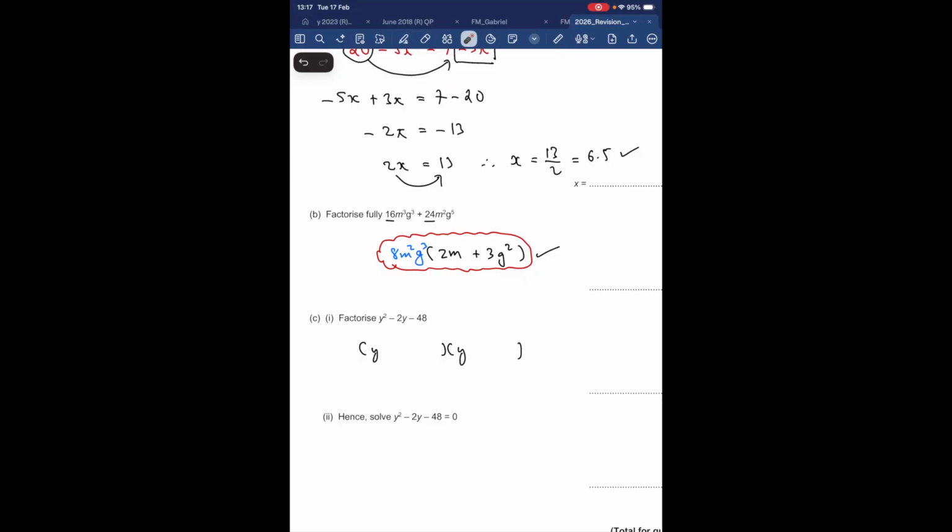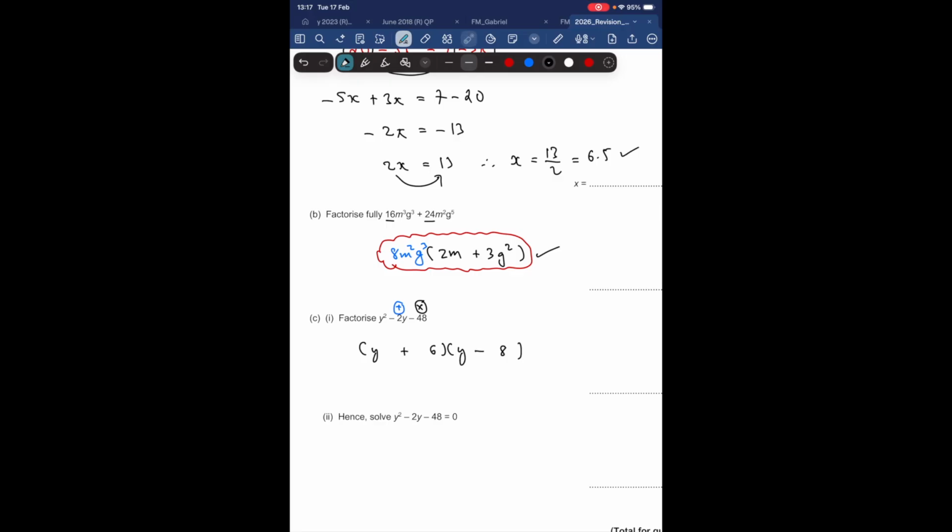Now, to figure out the numbers that go inside the bracket, which have to be whole numbers, we're looking for two numbers that are going to multiply to give us 48 or minus 48. And when we add those same two numbers together, we need to get minus 2. Now, the only combination of numbers that multiply to give us minus 48 and add together to give us minus 2 will be minus 8 and plus 6.